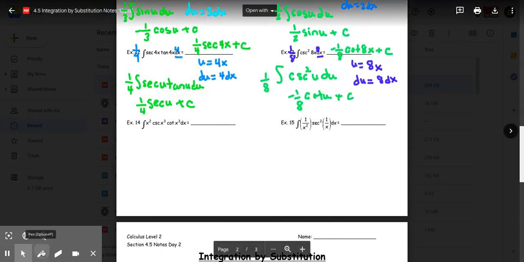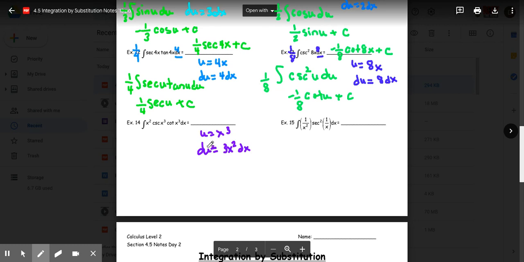For 14, the integral of cosecant cotangent, we know that. So our new inside is x cubed. So you're going to make u x cubed. Now the derivative, or du, derivative of u is 3x squared dx.